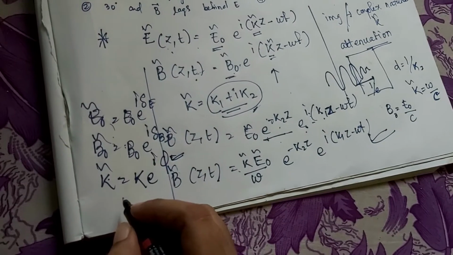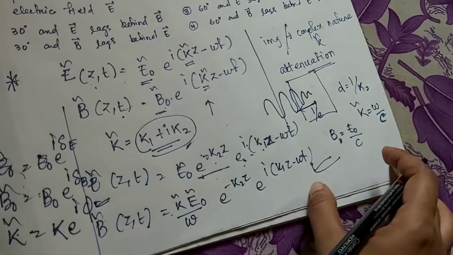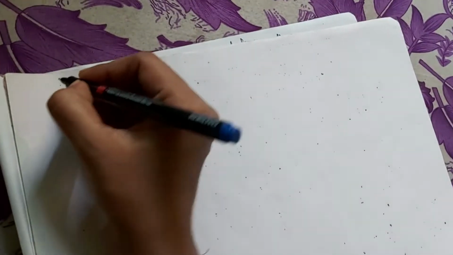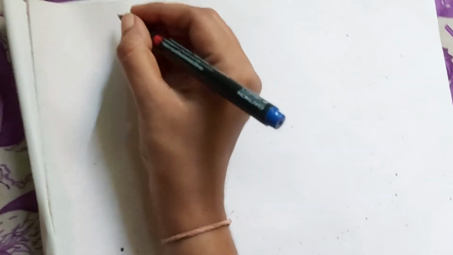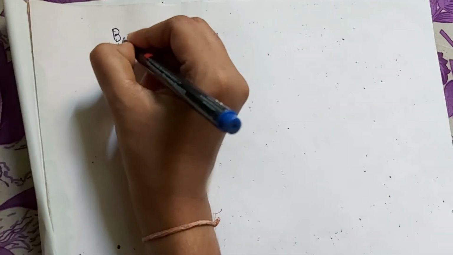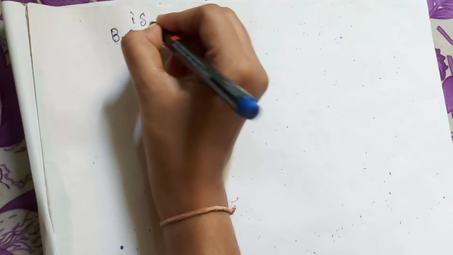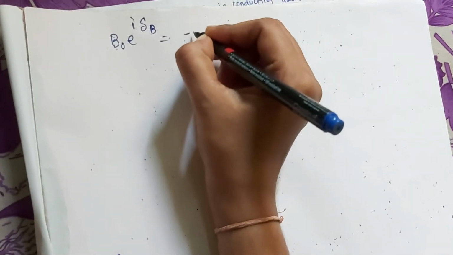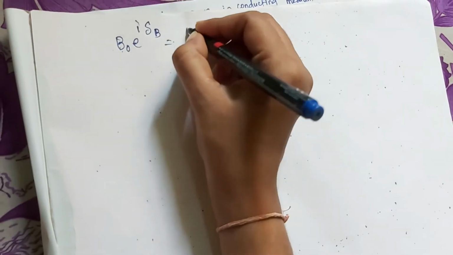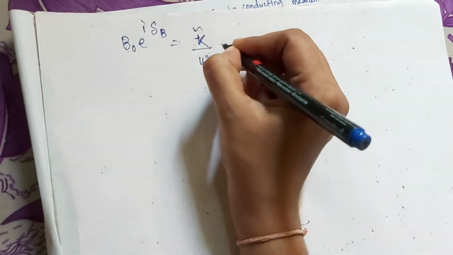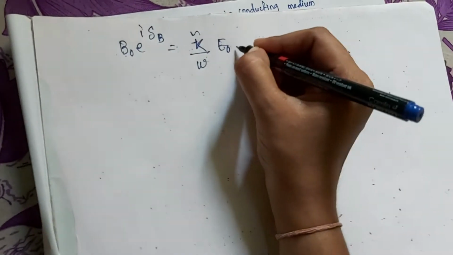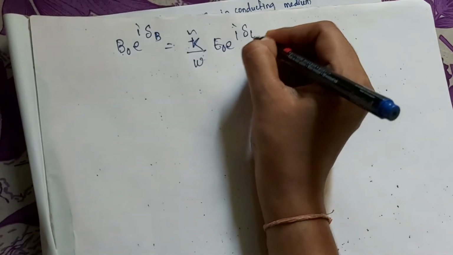So they are related by: B naught e^(iδB) can be written as k-bar by ω times E naught e^(iδE).